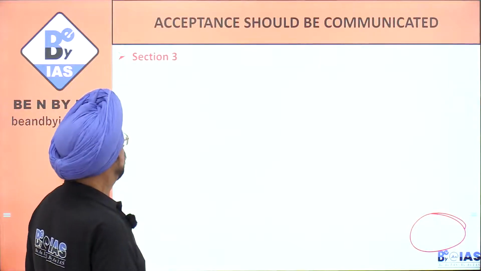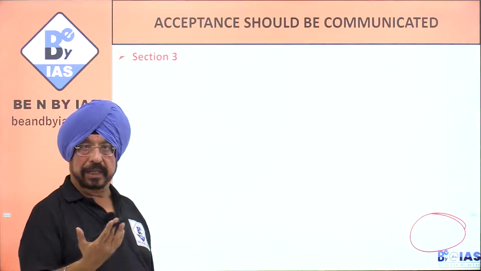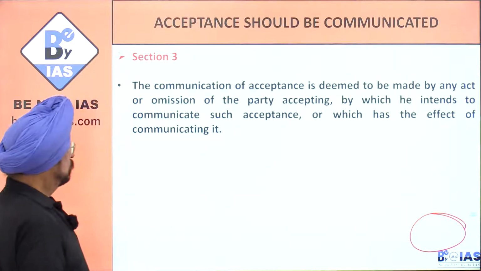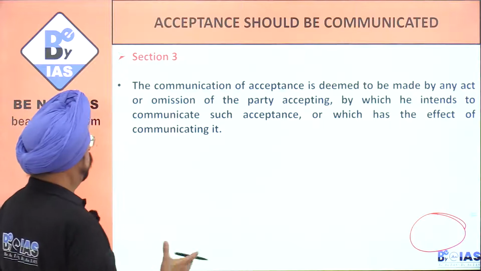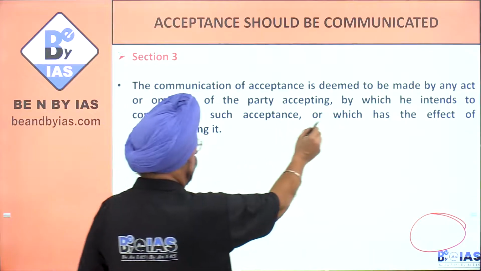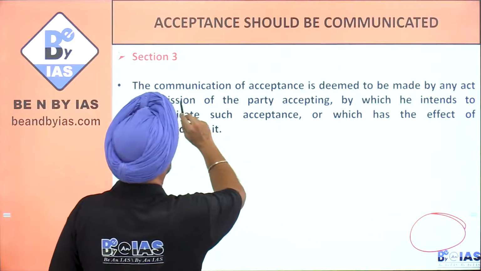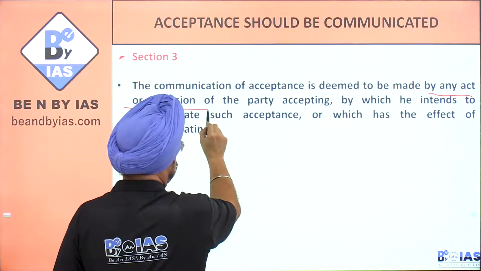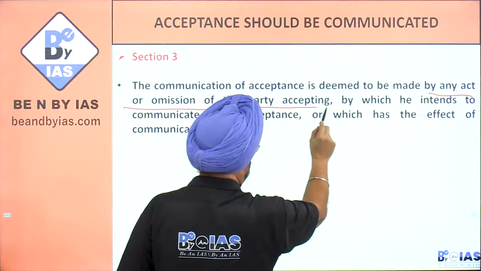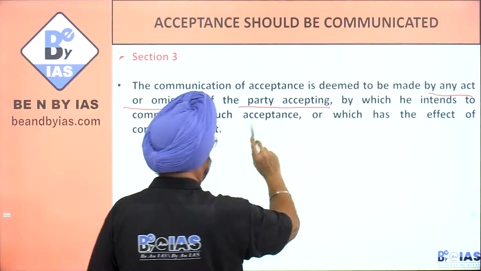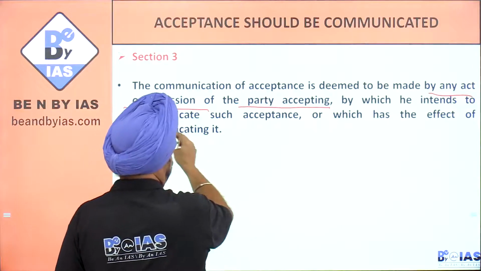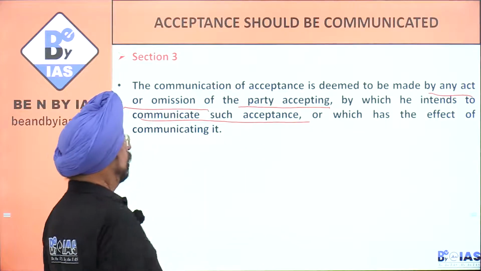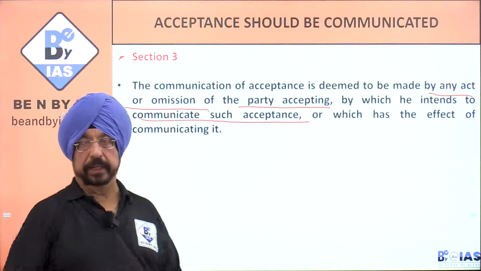Should be communicated. Come to section 3. Yesterday we have already studied. So it should be by any act or omission of the party who is accepting it, by which he intends to communicate or which has the effect of communicating it.